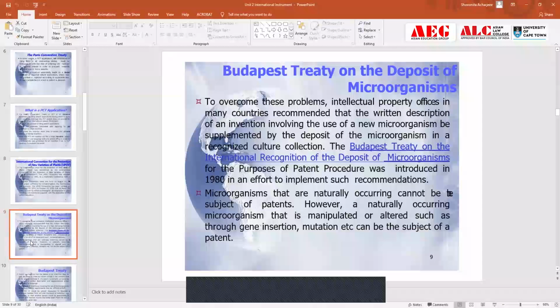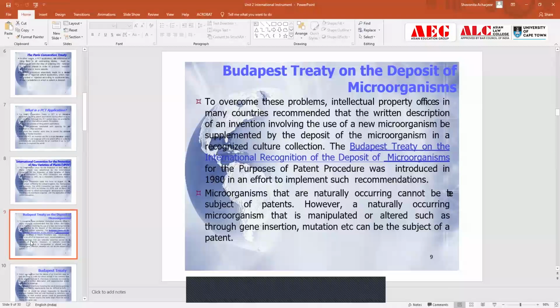Moving on is the Budapest Treaty. Again, it's a very important treaty because it has given recognition to use and to patent new microorganisms. The Budapest Treaty also recognizes the deposits of microorganisms which are naturally occurring to be the subject of patent.